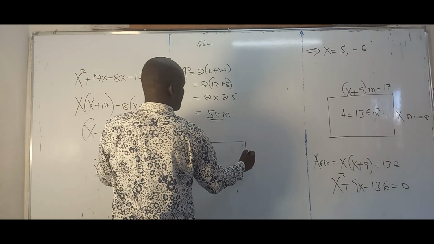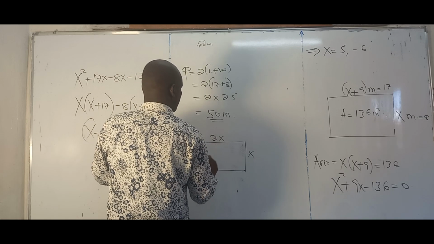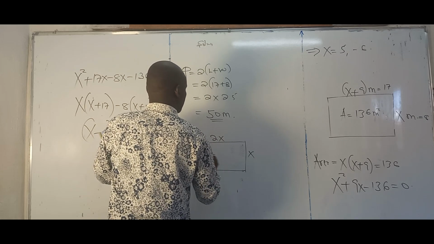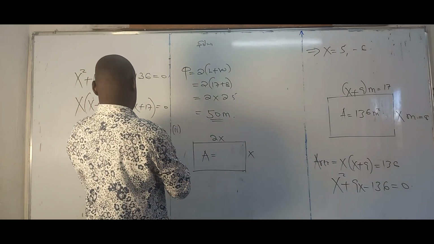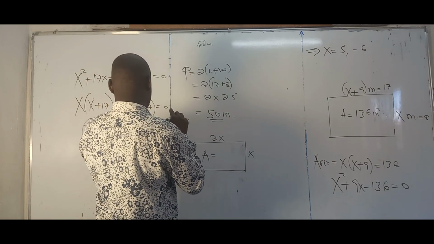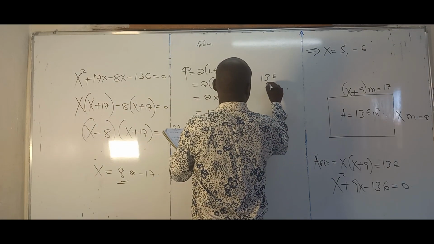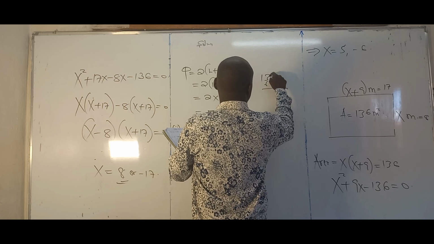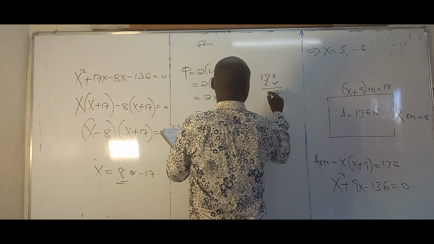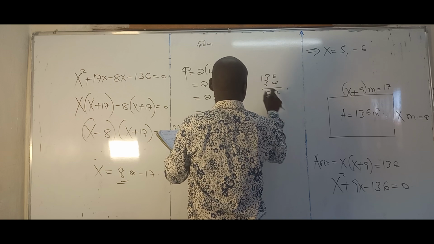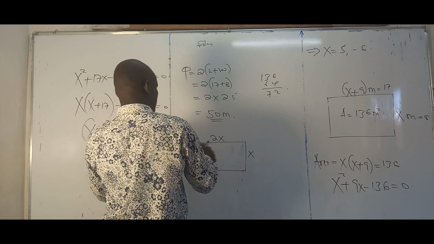So if this is the width and this is the length, what is the area? The area here should be 136 minus 64. 136 minus 64, we get 72. So area is 72.